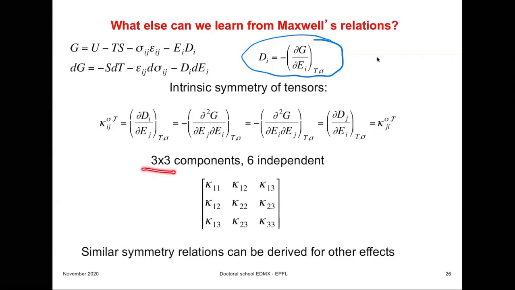So instead of having 9 components, we will actually have only 6 independent components, and this tensor of the second rank, and all other tensors of the second rank, will be symmetrical like this. And this is not considering at all the symmetry of the crystal. This just comes for all materials from thermodynamics.